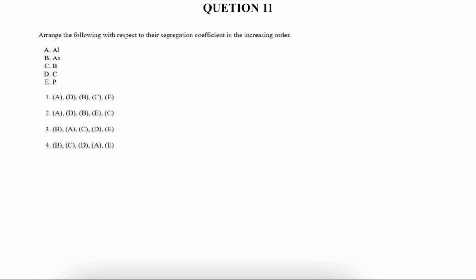Segregation coefficient K. It is defined as the ratio of concentration of an element in solid phase to concentration of element in liquid phase. K is equal to concentration of element in solid phase divided by concentration of element in liquid phase.